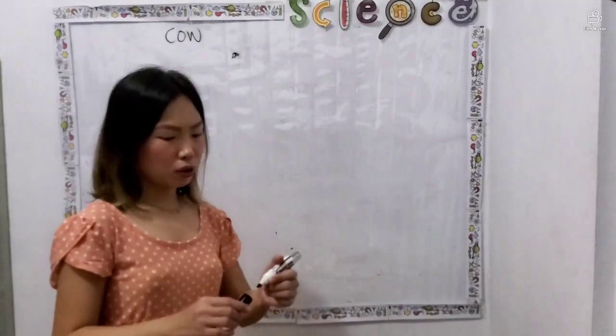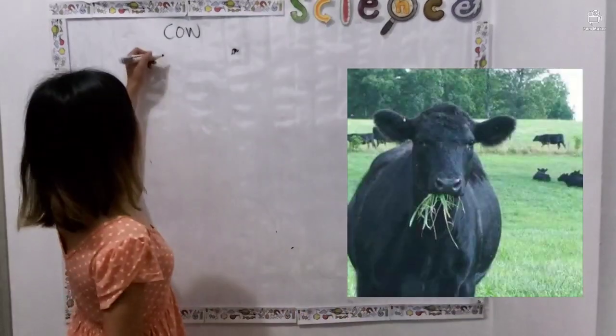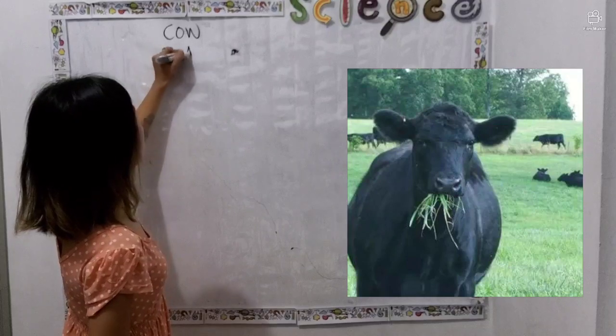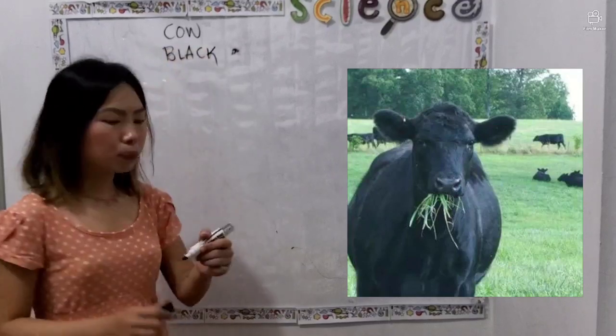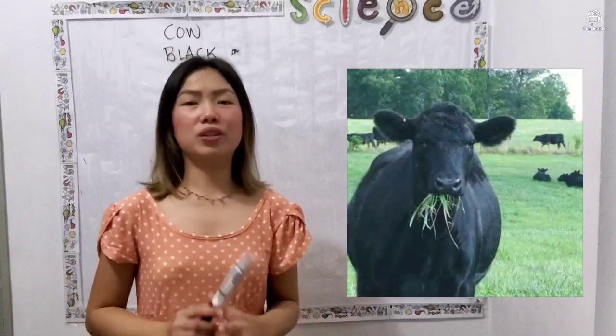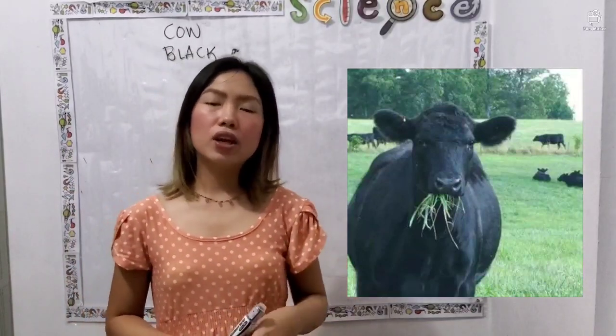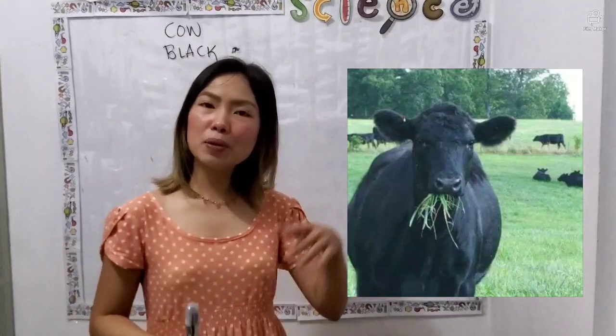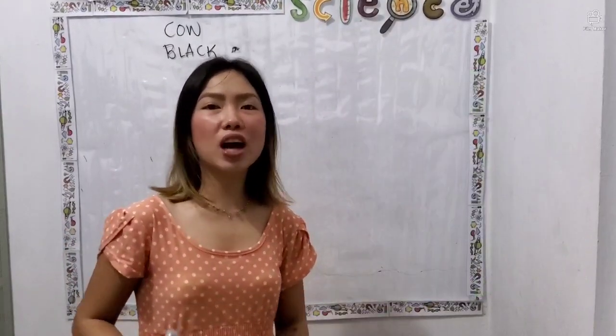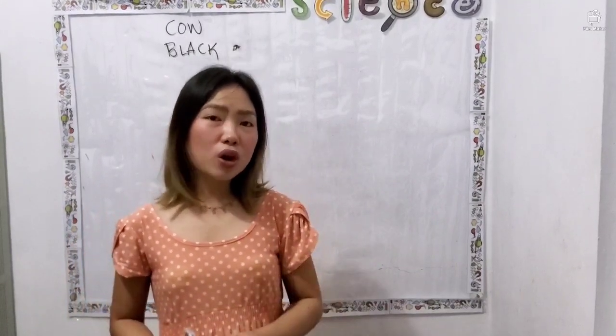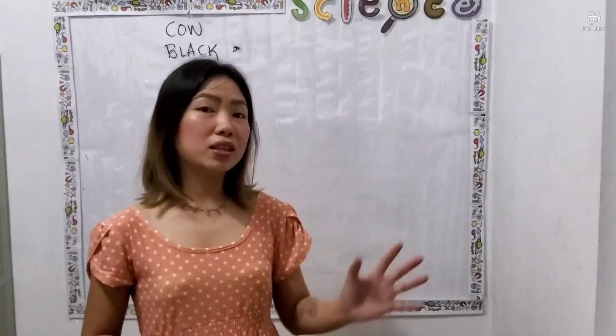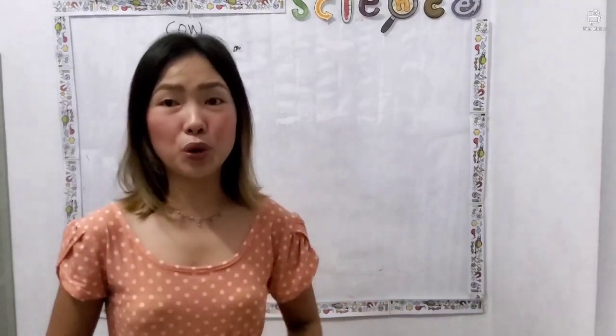So halimbawa, meron akong alagang baka. Ang kulay ng aking baka is black. Pure black yung baka ko na inaalagaan. And then, yung aking baka, for example, is babae. Then, yung kapitbahay namin, for example, meron din siyang alagang baka na nagkataon lalaki. But the color of my neighbor's cow is color white.